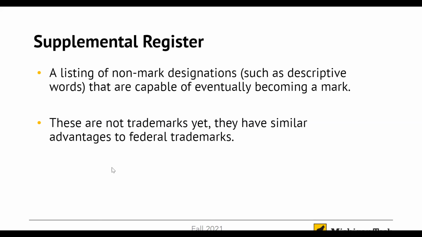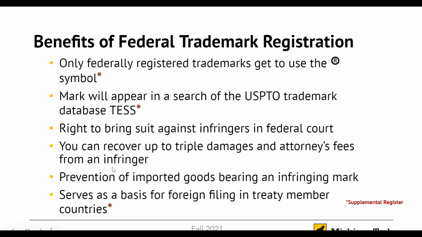There's a chance they can become trademarks if the public starts recognizing them as connecting your good or service with the company. But there are some advantages. You can still use that R symbol, which is pretty cool. Your mark will also appear in the TESS database, and it can make getting a trademark easier in other countries.